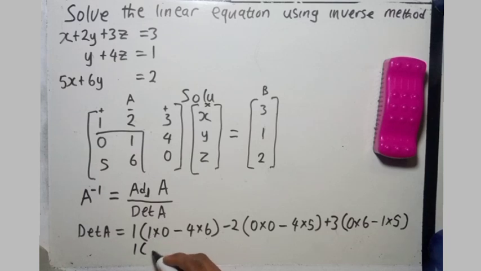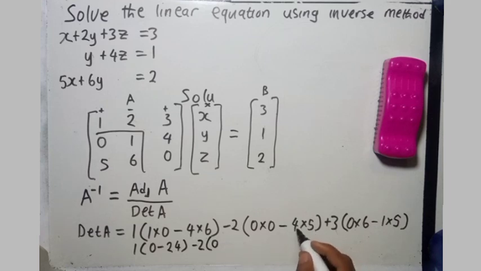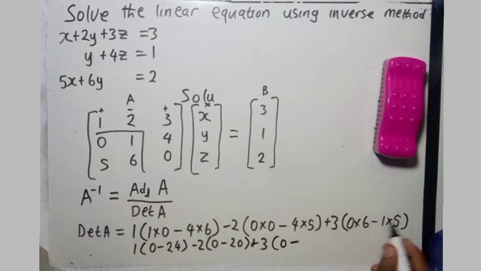Now this is something as 1 times 0 is 0 minus 4 times 6 is 24, minus 2. 0 times 0 is 0 minus 4 times 5 is 20, plus 3. 0 times 6 is 0 minus 1 times 5 is 5.